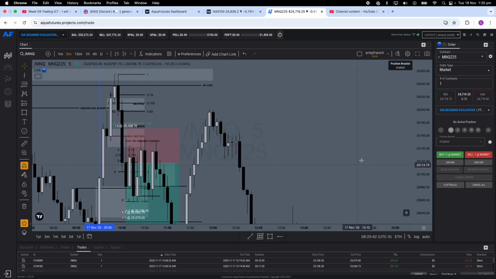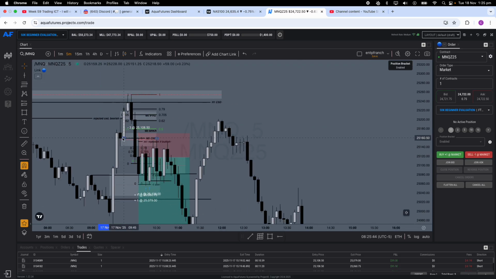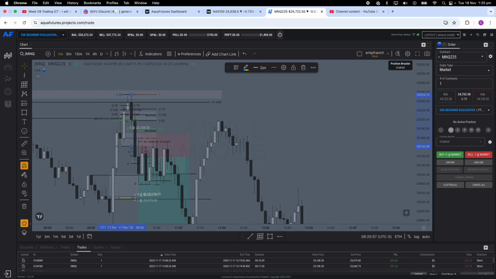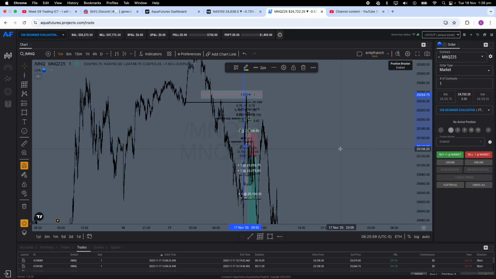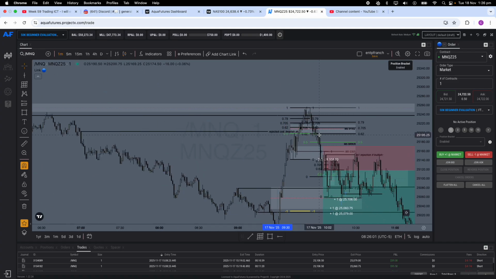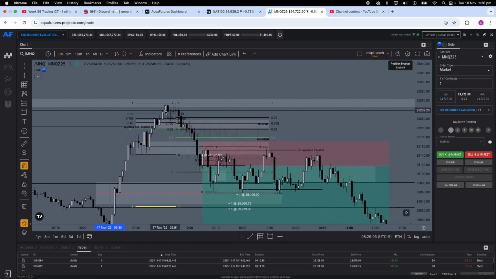You can see here, CSD is there, the breaker is there. So we just stayed in that breaker.